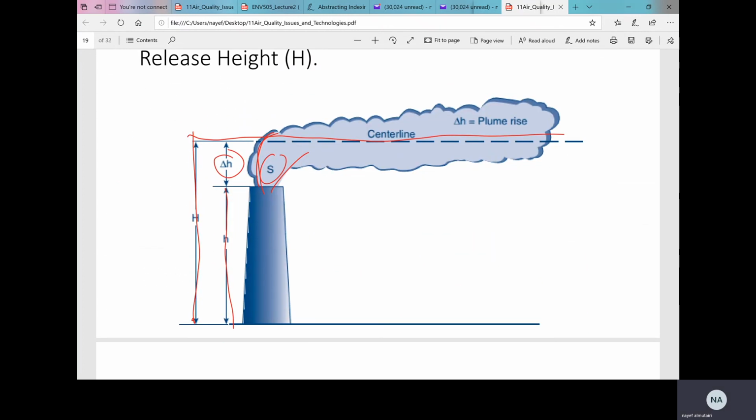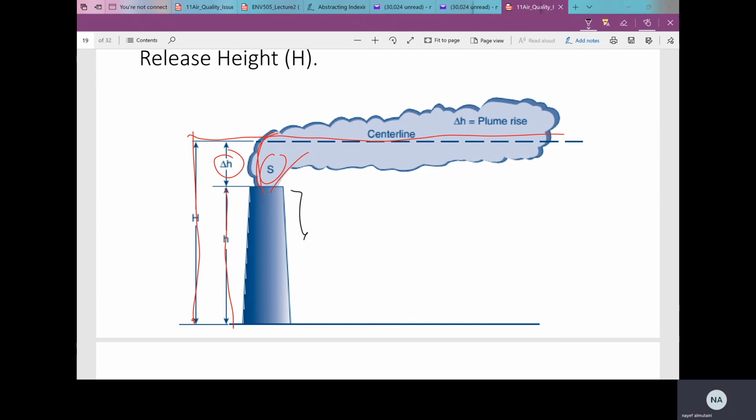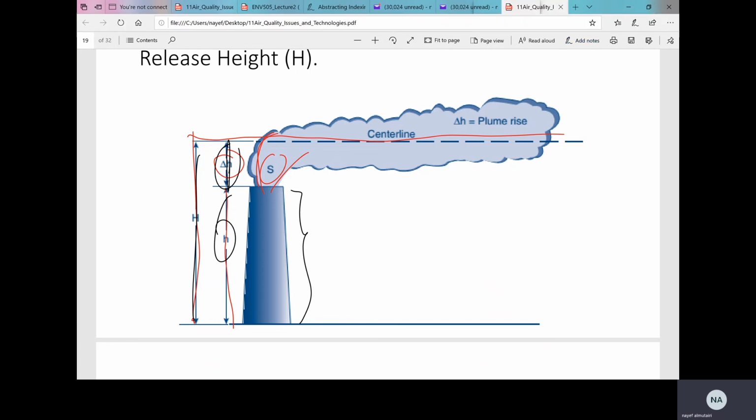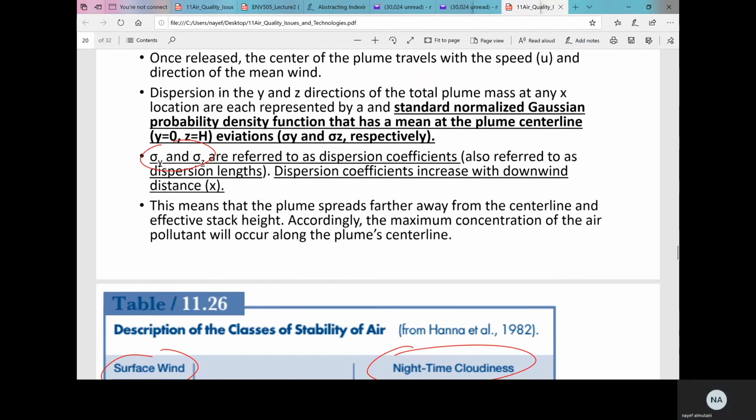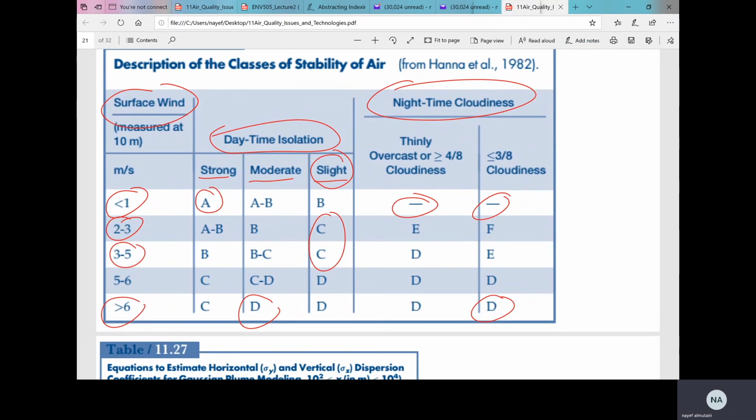Remember, it's the height of the chimney, and this is a question in the final: H and delta H, the plume height, and then the big H, the small h with delta H. It also depends on daytime insolation.